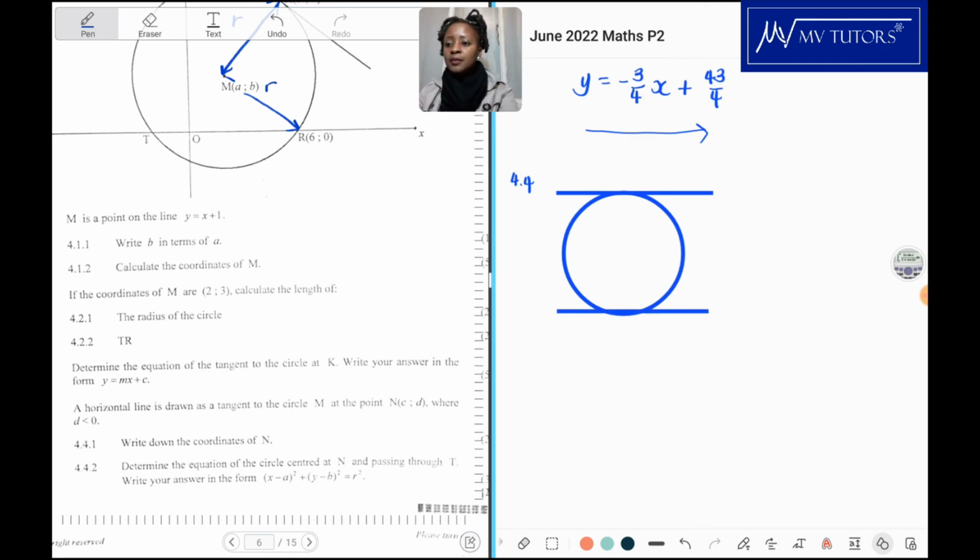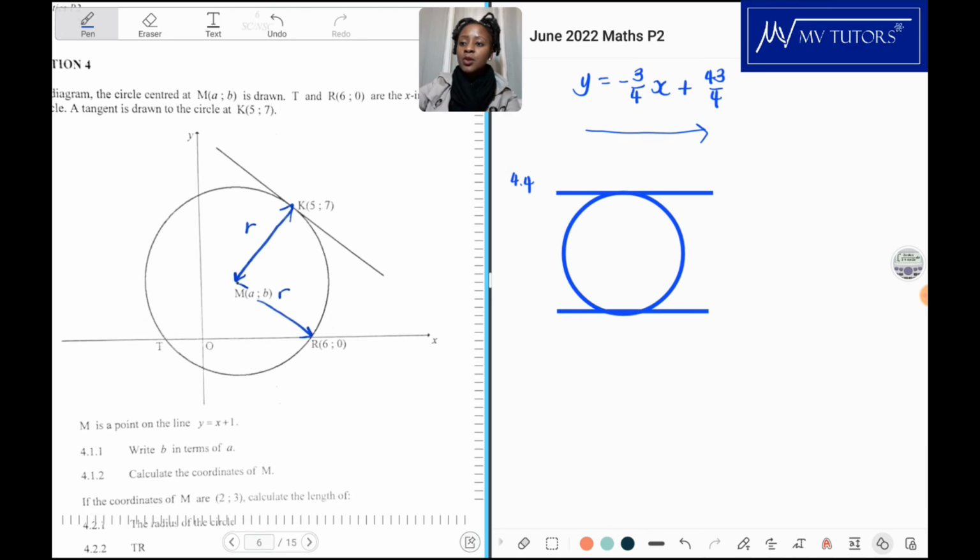Now, a horizontal line is drawn as a tangent to the circle M at the point N. So where is N? Is it on top or at the bottom? But now they tell us the y value, D, is smaller than 0. If you look at our circle, if the y value is less than 0, it means it's negative.